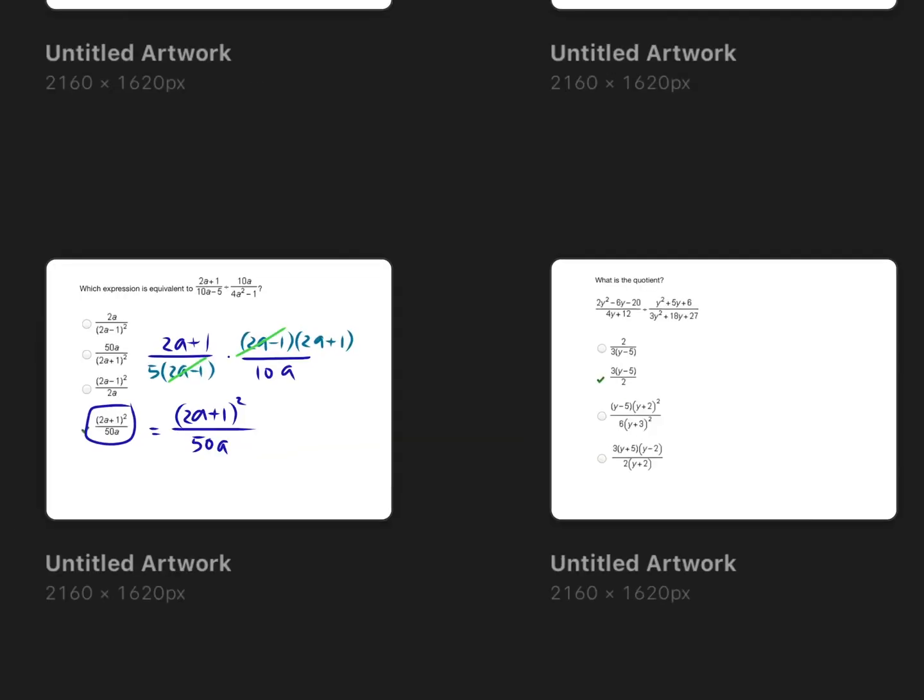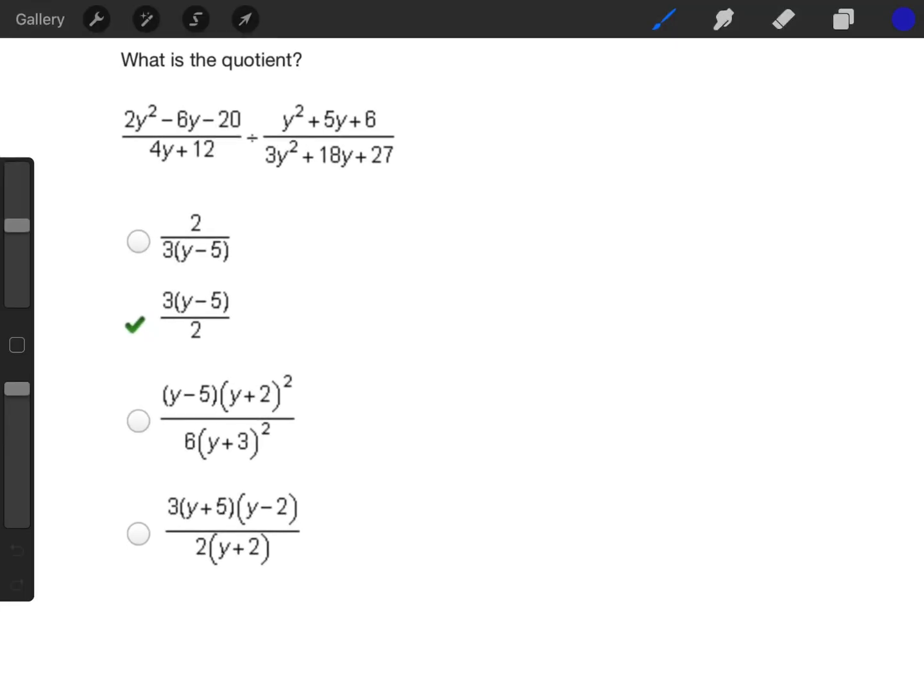All right, so what is the quotient? This one looks a little complicated. So I'm going to write this in the factor form. So it's going to be 2y times y, and then factors of 20. 20, the best one that you can choose is 4 and 5.